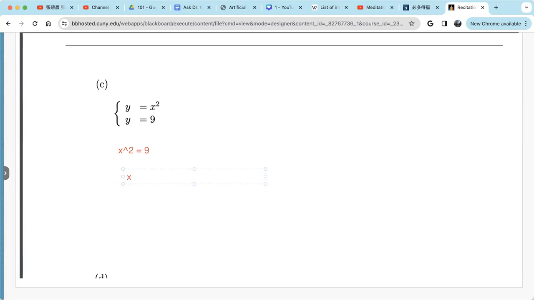If we take the square root, we get a positive and negative, 2 values. The square root of 9 is 3. So if x equals positive 3, y equals 9. If x equals negative 3, y also equals 9. So at those 2 points, those 2 graphs intersect.